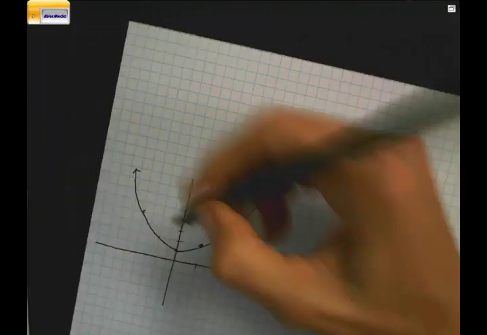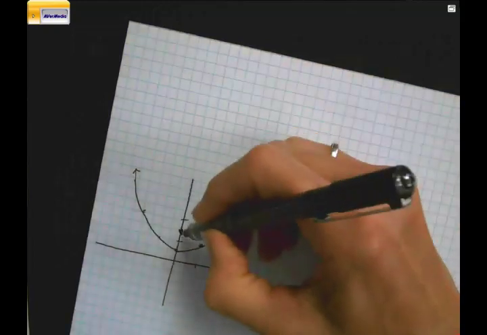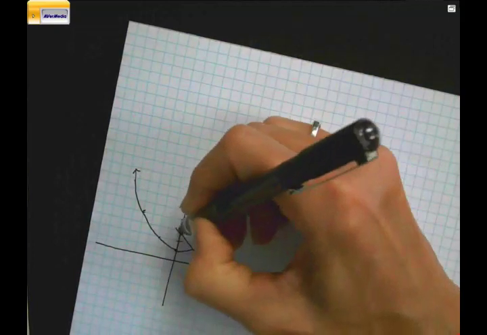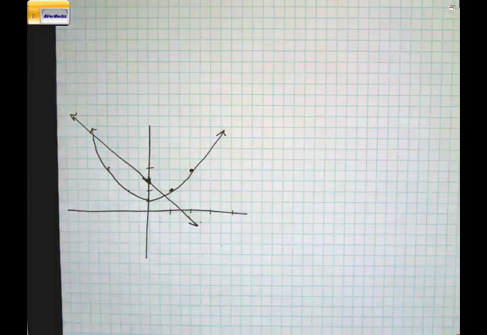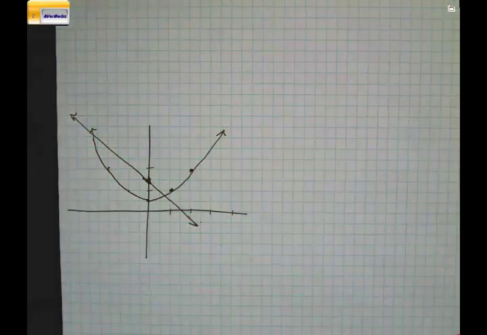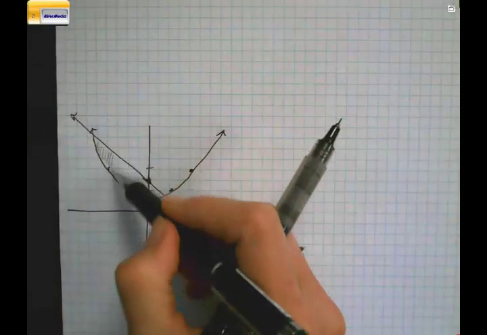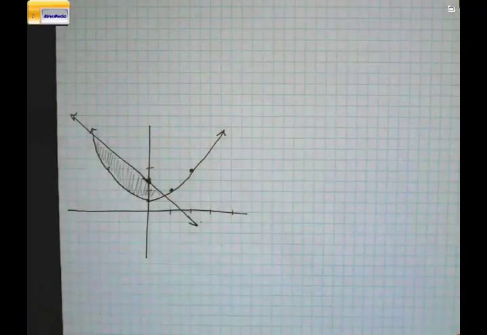Watch me do this wrong again. Let's get ready to do it wrong again. Something like this. It's not as pretty as the other one. Something like this is the region bounded.